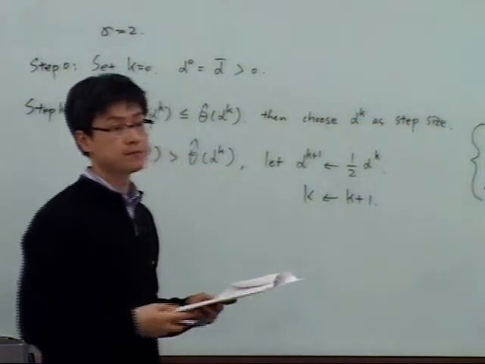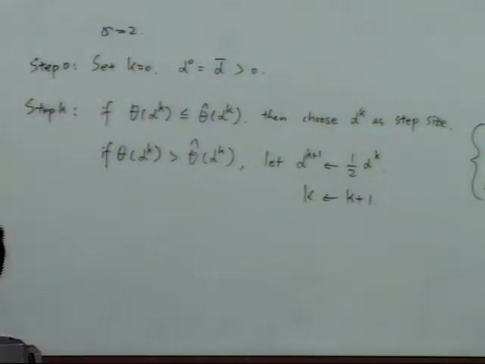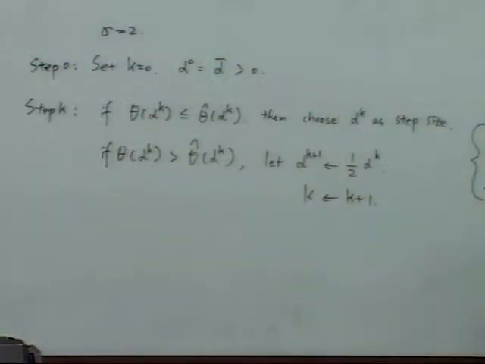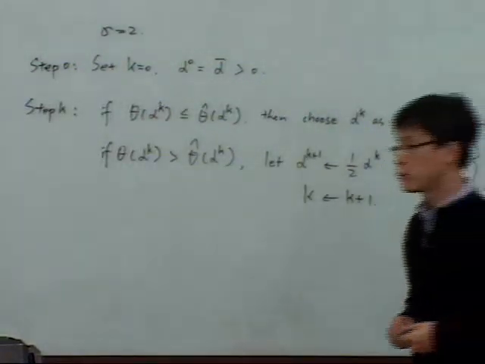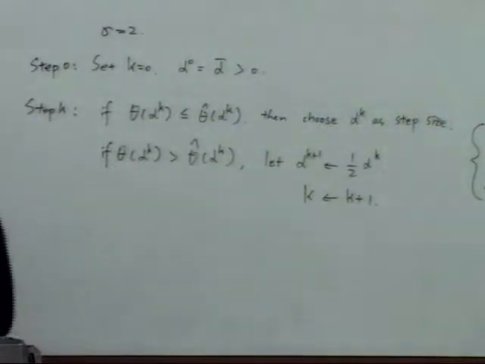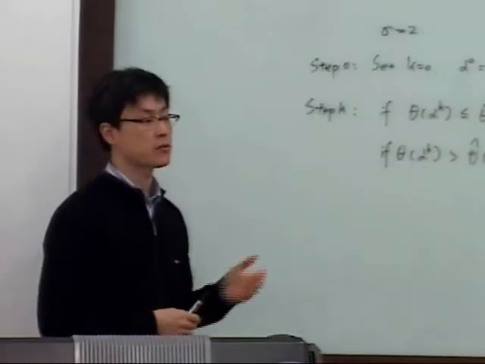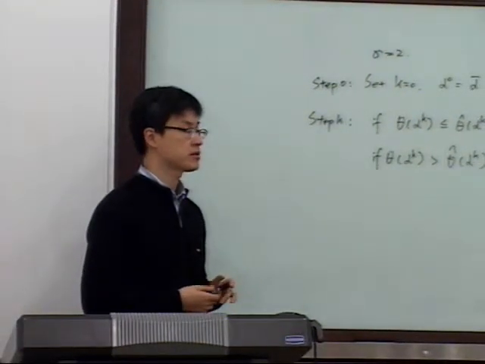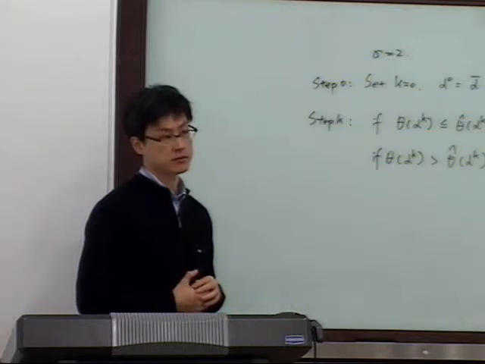Okay, question? Don't worry about it. This Armijo rule is part of your next homework, so you will get accustomed to this. You're supposed to write MATLAB code for this Armijo rule, and compare its efficiency with the bisection method.